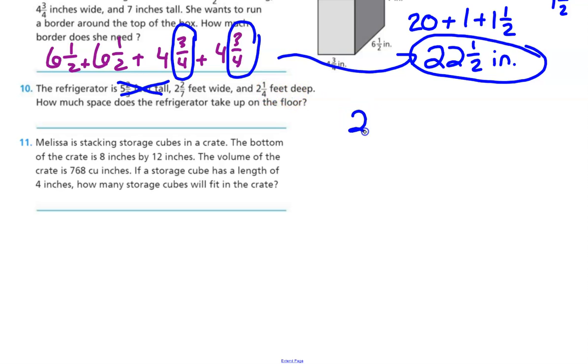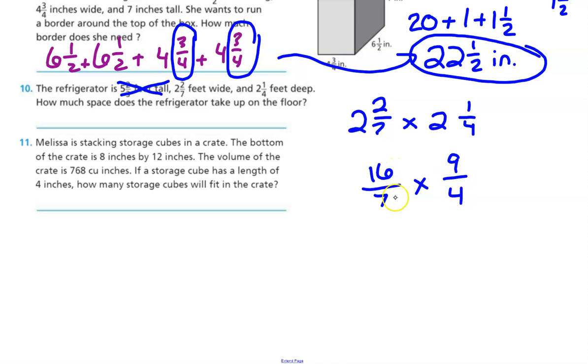So that means I'm going to take 2 2/7 and multiply that by 2 1/4. Well, the good news is I don't have to change my denominator, but I do have to change these to improper fractions. So 7 times 2 is 14. 14 plus 2 is 16. So this is going to be 16/7 times, and then this is going to be 4 times 2 is 8. 8 plus 1 is 9, and this would be 9/4.